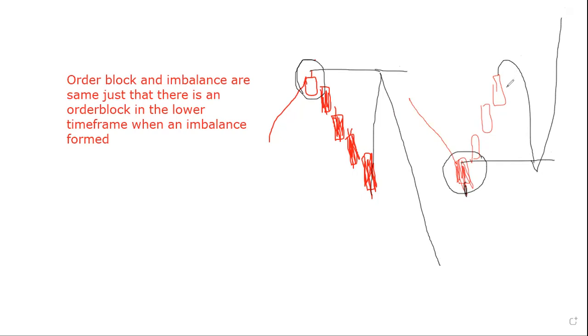Now, where will our stop loss be when using order block? Our stop loss will be below this particular wick. Are you seeing it? This is where the stop loss will be. And for a sell market, the stop loss will be above this particular wick.